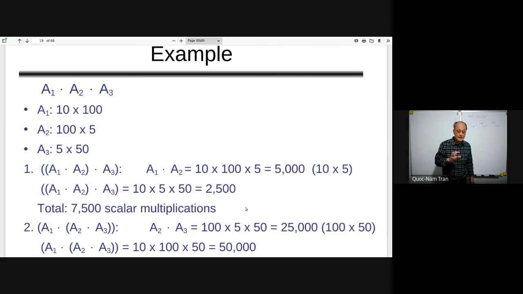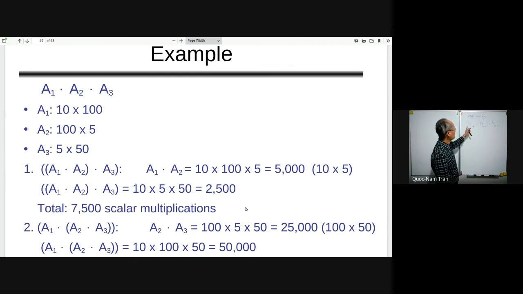But if you multiply A2 and A3 first, that number of calculations will jump to 50,000. Okay, so you can see here, it's 20 times slower if we do the calculation by multiplying A2 and A3 first. Okay, so that's why we are interested in finding the best way to multiply the matrices.